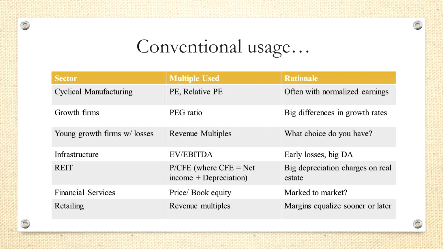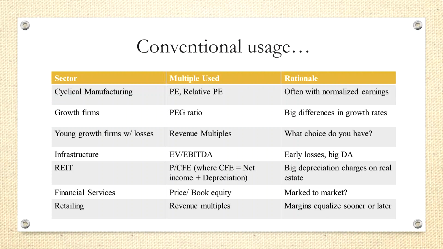the multiples that could be very successful for you to reach a fair valuation of the stock would be PE ratio and PEG ratio. And for this sector, you need to do earnings normalization, because this sector is very sensitive to the business cycle, and once you do earnings normalization, then the PE ratio can be a very powerful and useful tool for you to utilize.